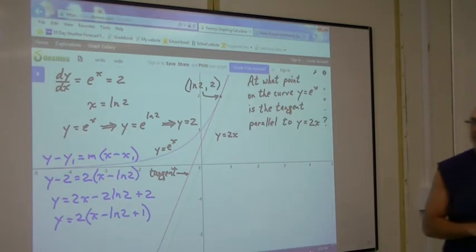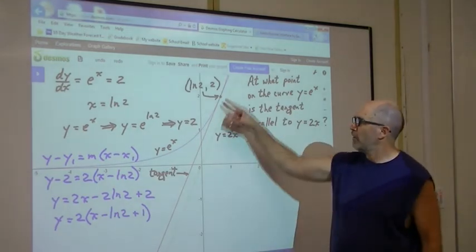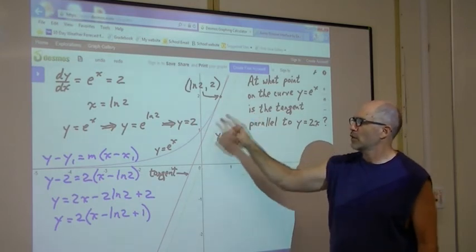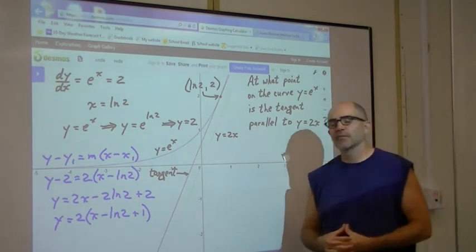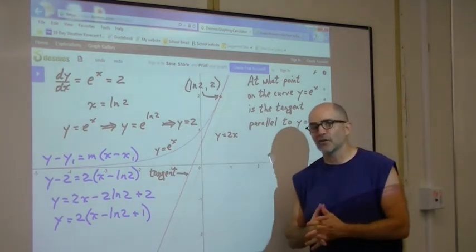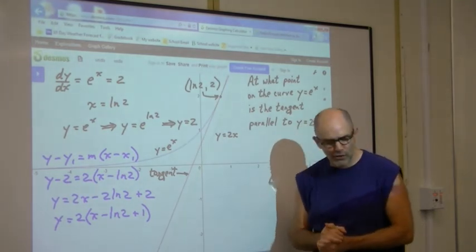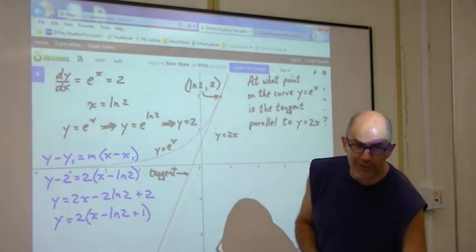And that's it. That shows me the equation of this red line because it's tangent to the curve. So, it's as simple as it gets. This is probably one of the easier lessons that you're going to have in calculus all year. So, really, have fun with these.